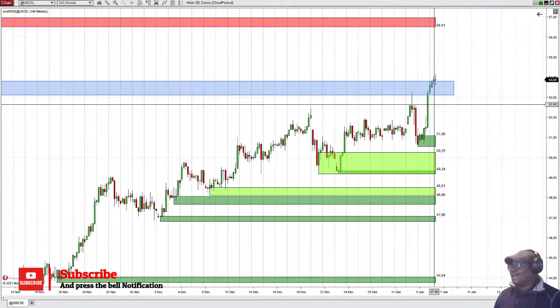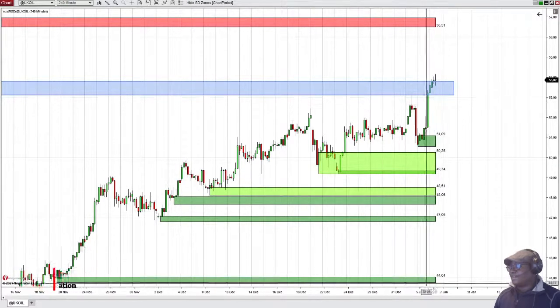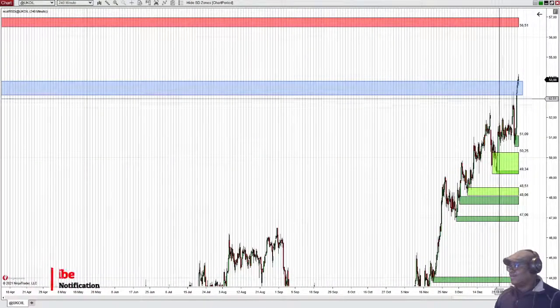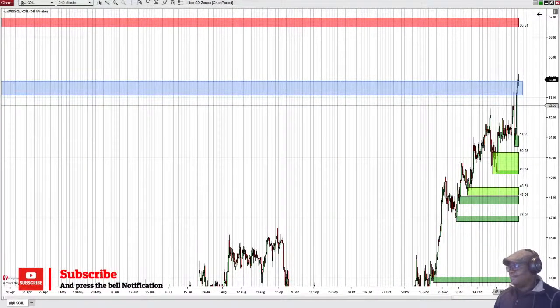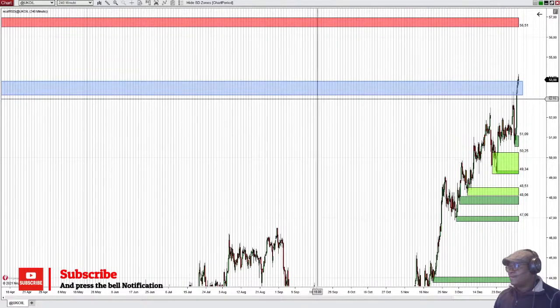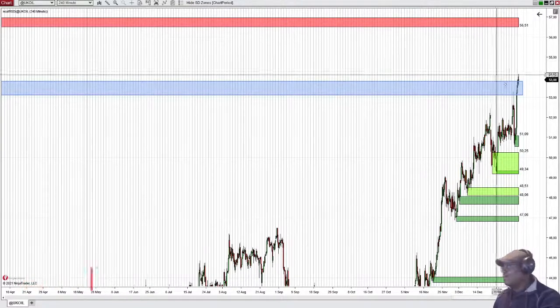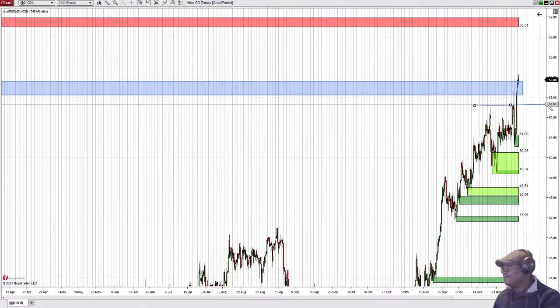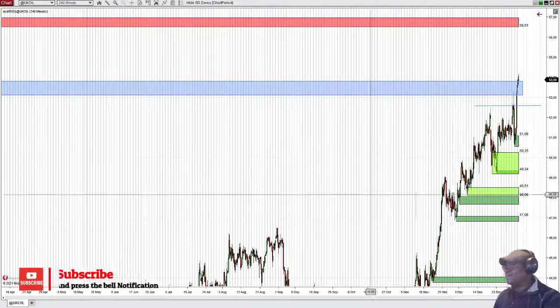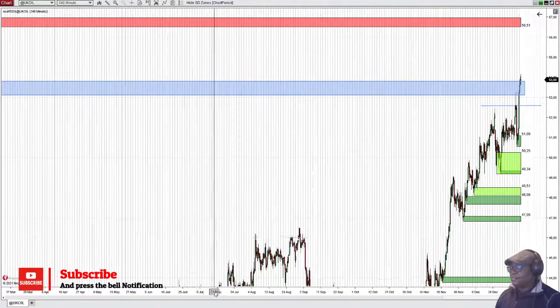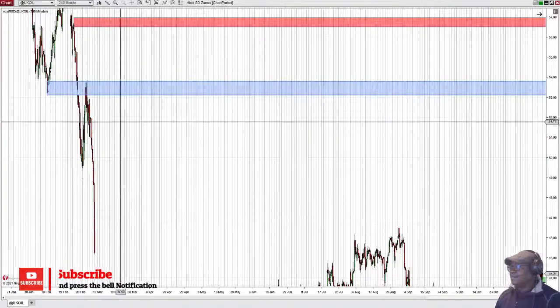Where is it likely to come down to? That's another thing you have to ask yourself. Maybe here? Probably, because looking left there is nothing till here.